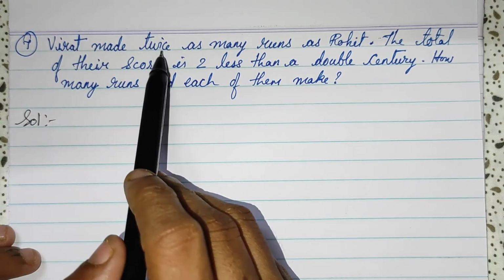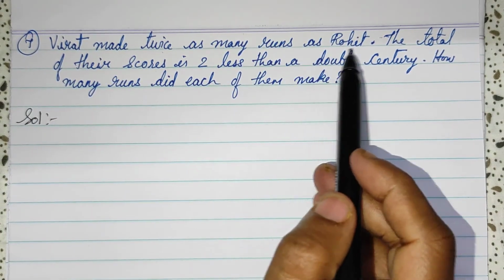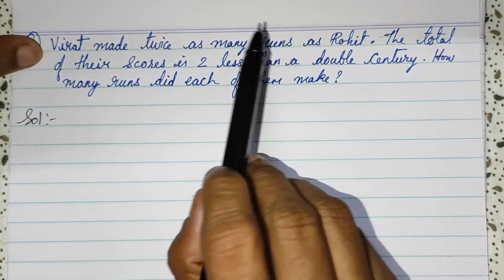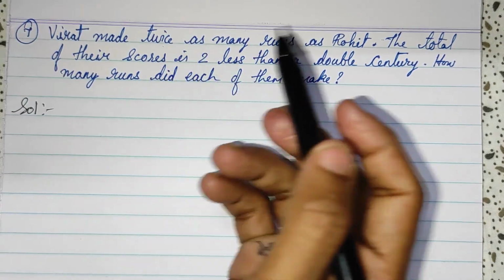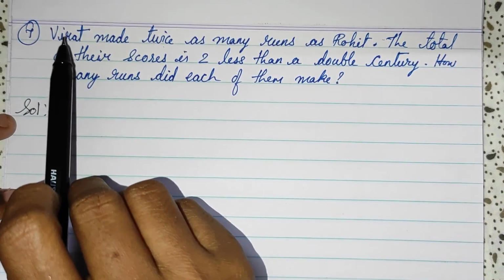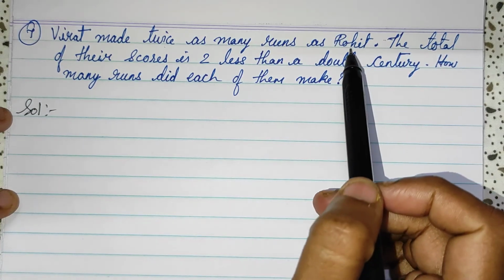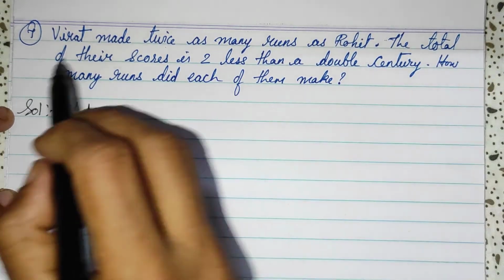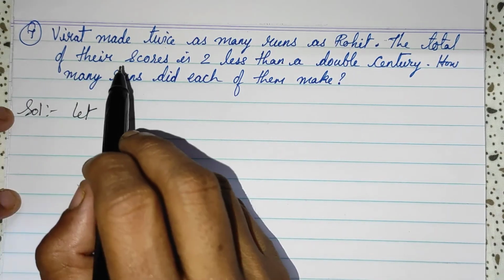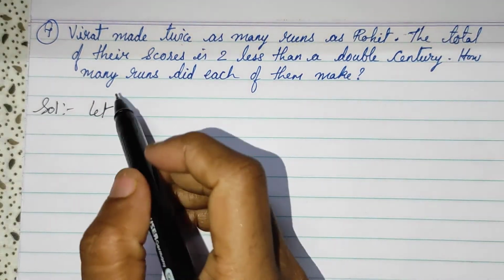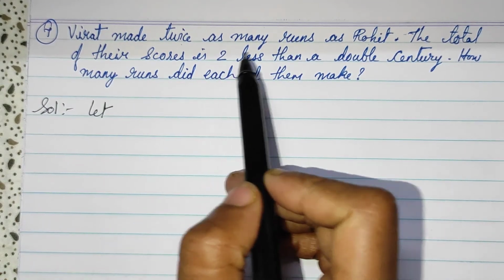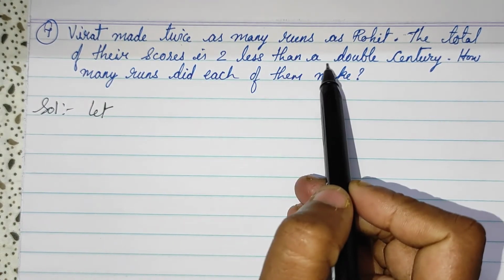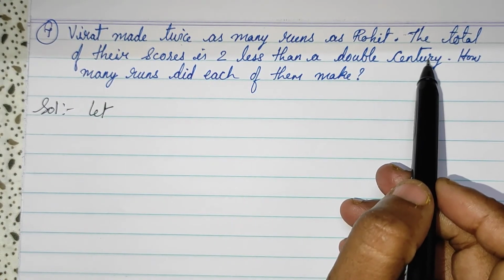Seventh sum: Virat made twice as many runs as Rohit. The total of their score is 2 less than a double century.